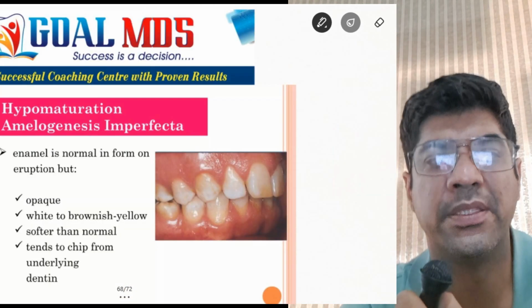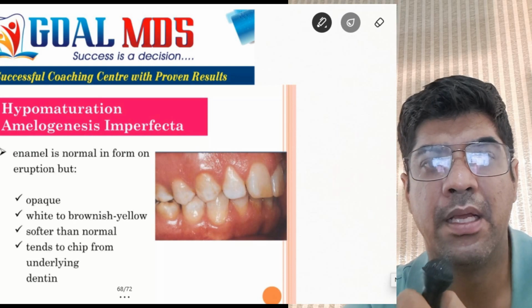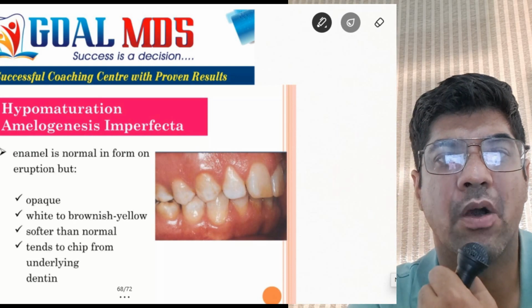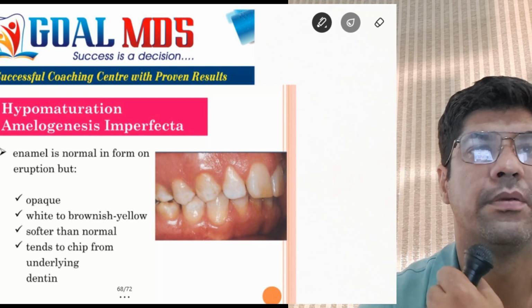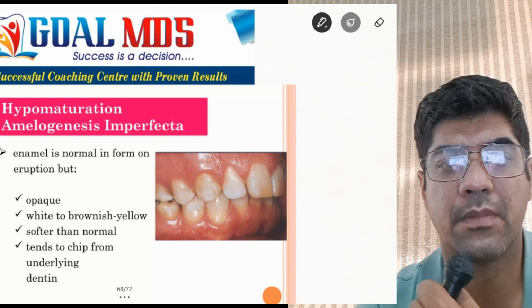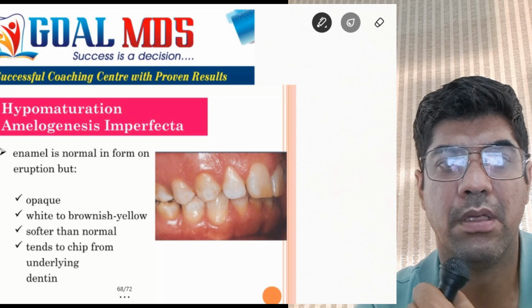The other form is the hypomaturative form. You will see white opaque enamel with mottling.